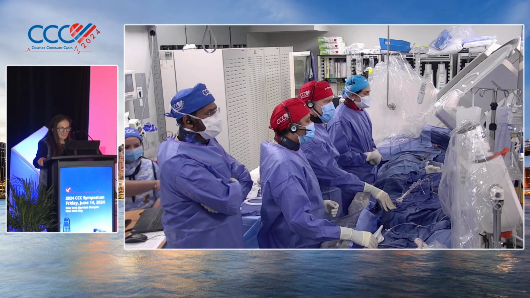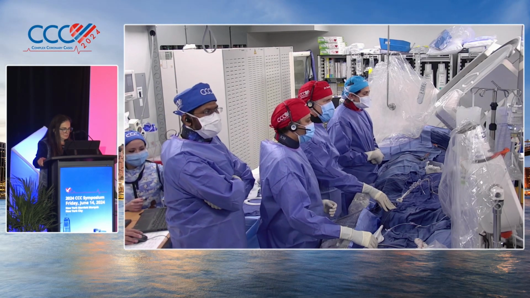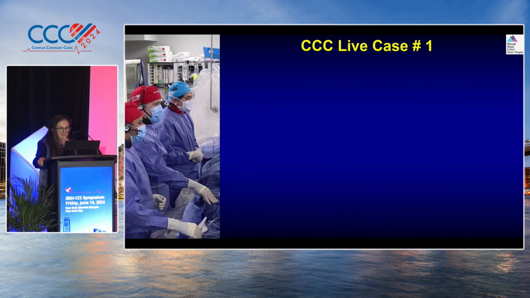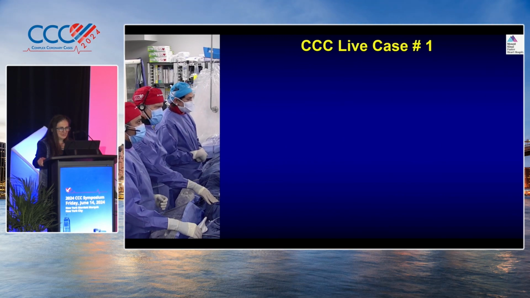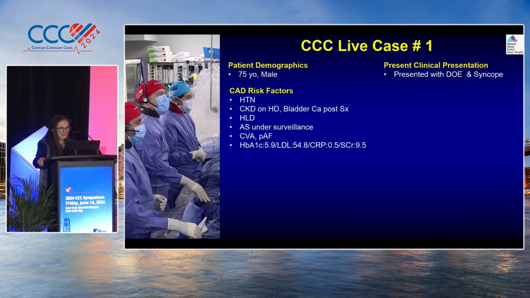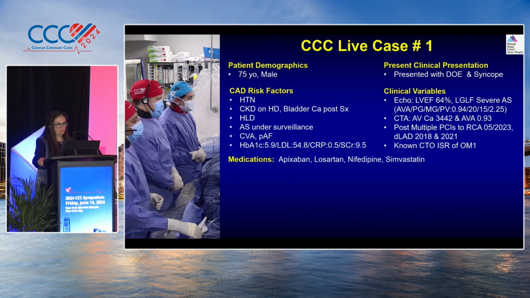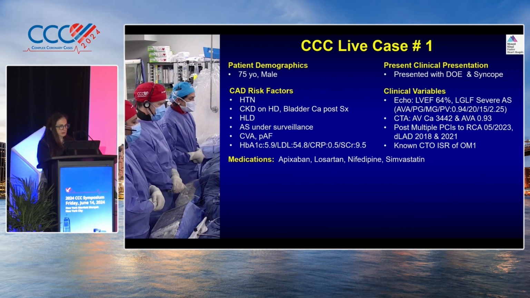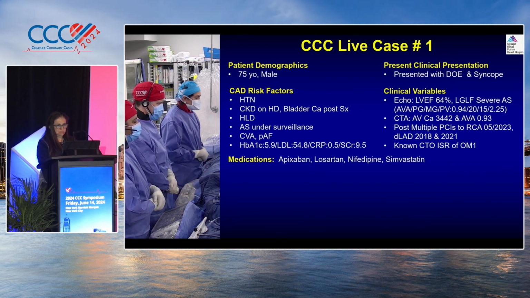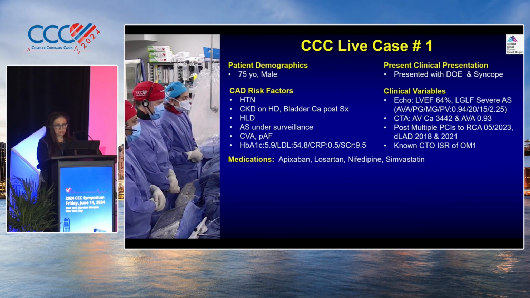So it's a 75-year-old male who presented to us with dyspnea and had a syncope also. Past medical history significant for hypertension, CKD on hemodialysis, bladder cancer, hyperlipidemia, and aortic stenosis, which has been under surveillance.